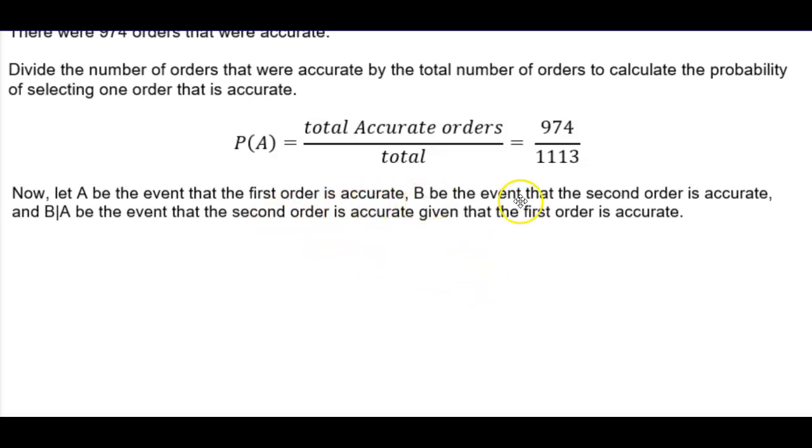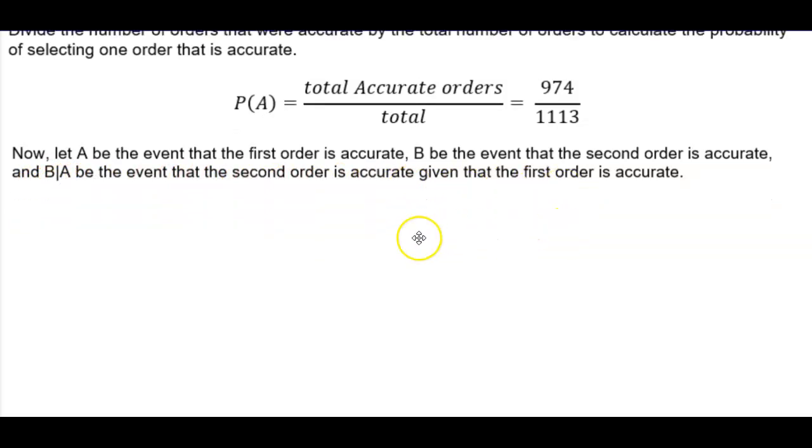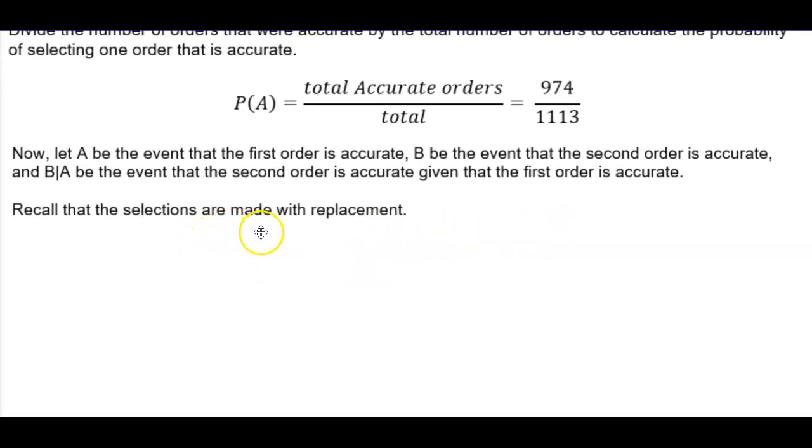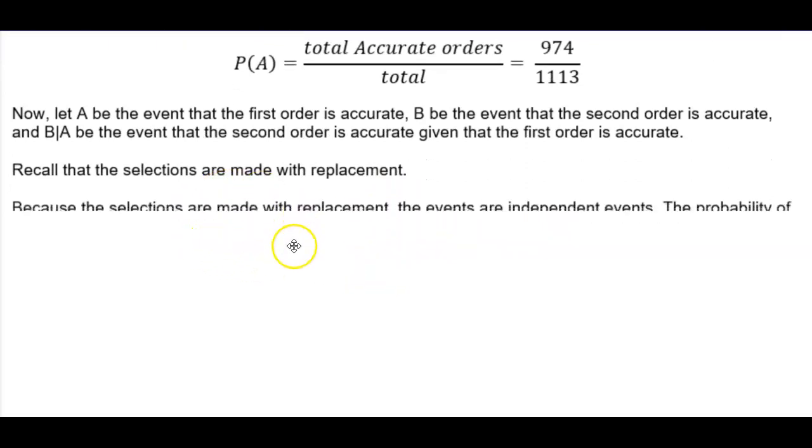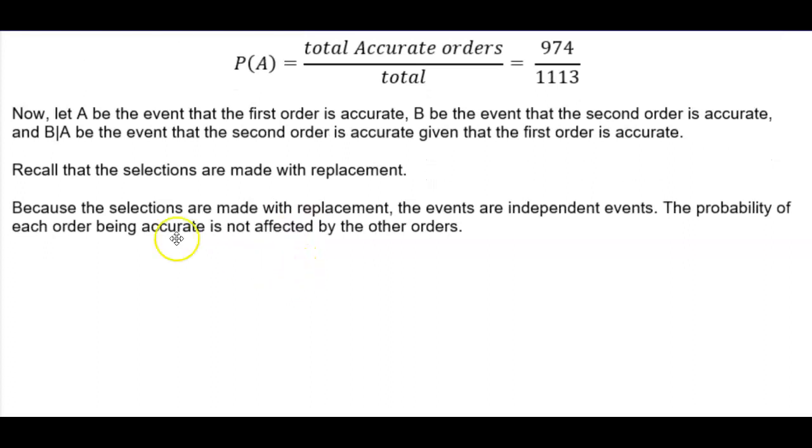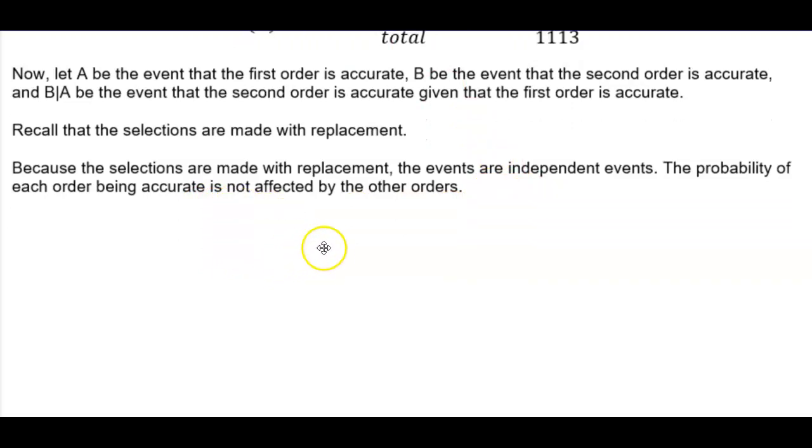Now we're going to let A be the event that the first order is accurate, and then we're going to let B be the event that the second order is accurate, given that the first order is accurate. So recall that the selections are made with replacement. Because the selections are made with replacement, the events are independent events, and so the probability of each order being accurate is not affected by the other orders.